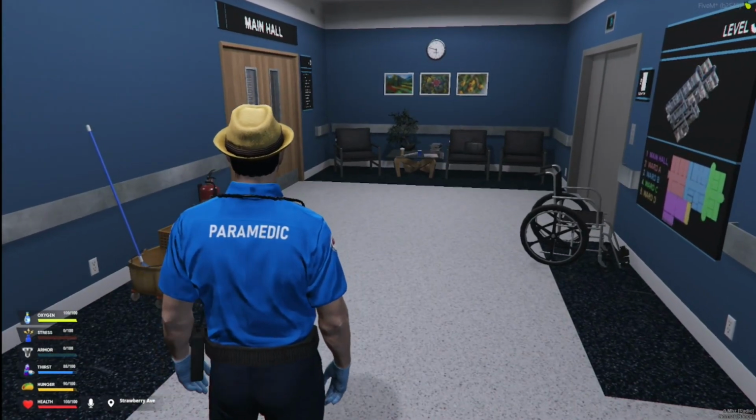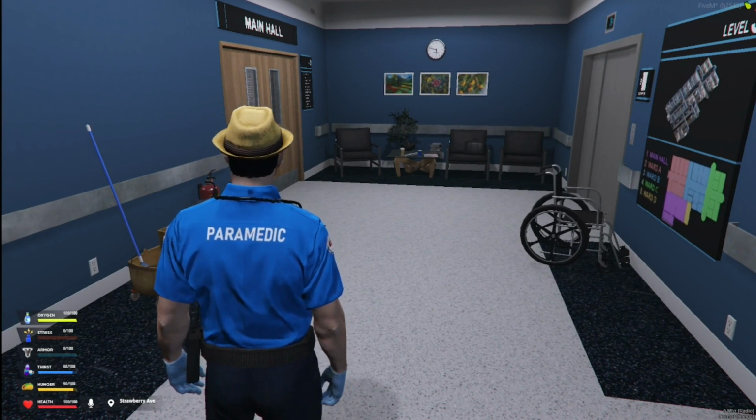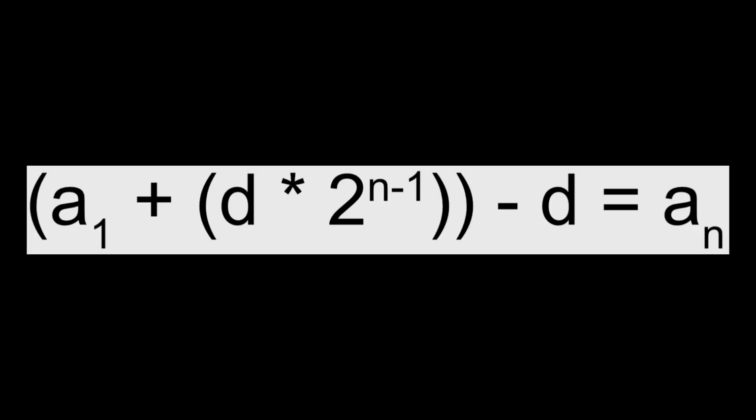Okay, then what you want to do is use this equation here. First term of a, you want to add the difference, which is d, so d multiplied by 2 to the n minus 1 power. It'll make sense once you see it. Minus d equals whatever you're trying to find.